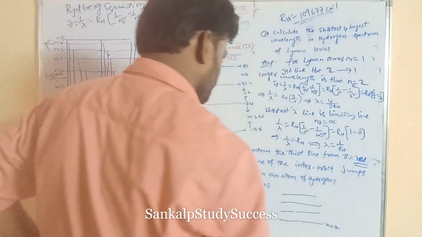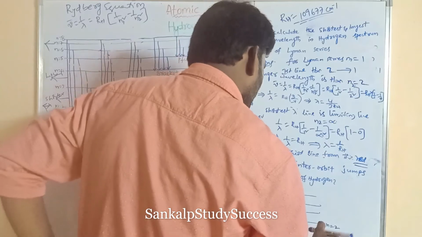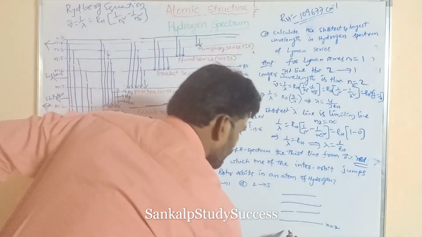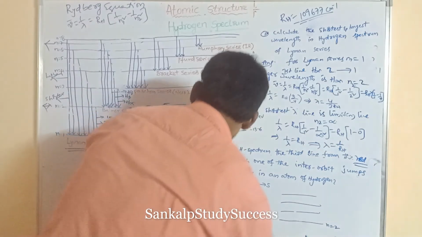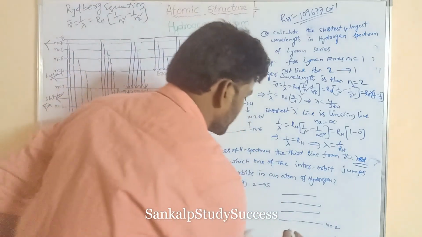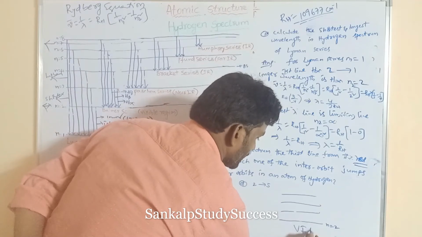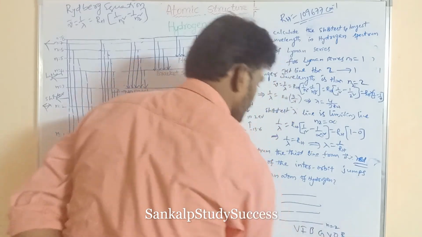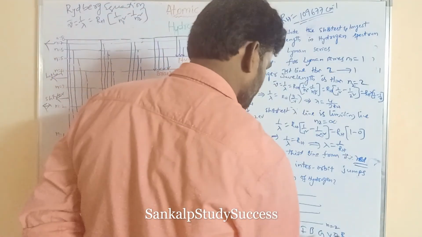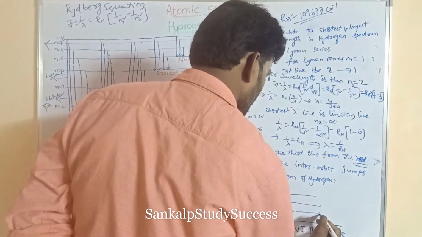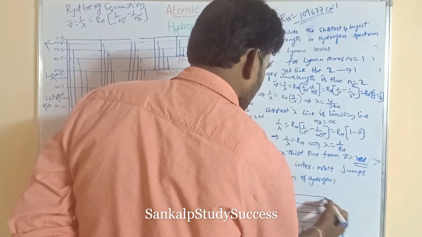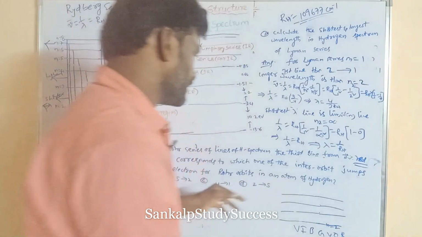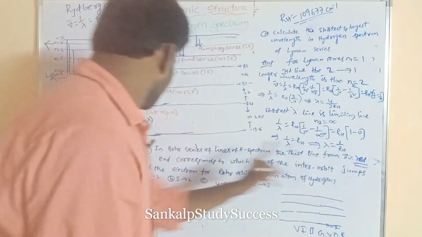Now, the third line. What are the colors in the visible region? V, I, B, G, Y, O, R. So the third line from the red end.